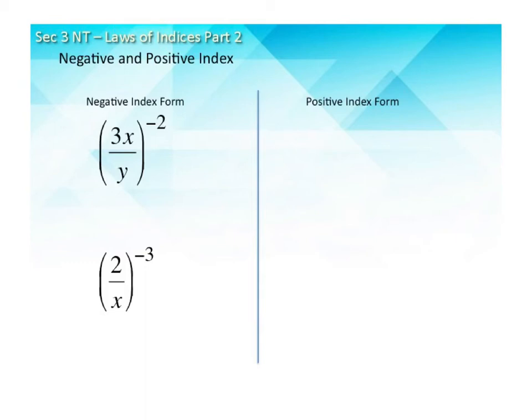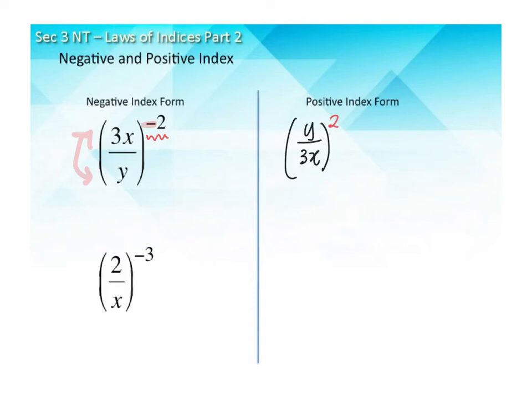For example, if I have the negative index form 3x over y whole thing to the power -2, what we need to do first is to get rid of the negative power. So what do I need to do? I need to swap the fraction, and that will give me y over 3x. The whole thing from the power -2, it will become +2.